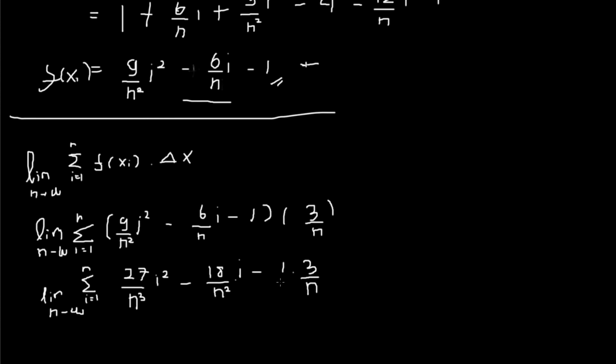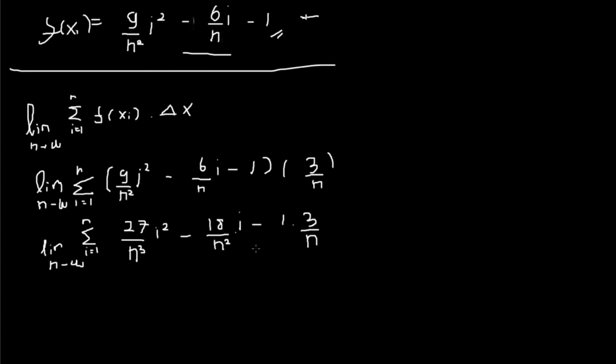And we're not going to leave this one out because this is going to be used in the sum laws. So we see that there is 2i here. We have i squared and i. So now the sum law dictates that the sum of i is equal to n times n plus 1 per 2.